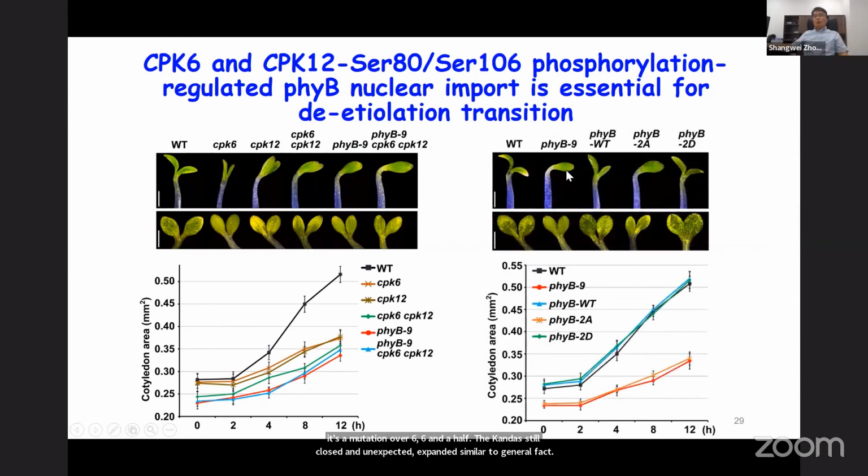Also, when you transfer wild-type PhyB into the phyB mutant, the defects will be fully restored. However, when you transfer the 2A form of PhyB into the phyB mutant, it still maintains the phyB mutant phenotype. Therefore, we show that CPK6 and 12, through phosphorylation of these two sites, regulate PhyB nuclear import, which is essential for the deetiolation transition of PhyB.